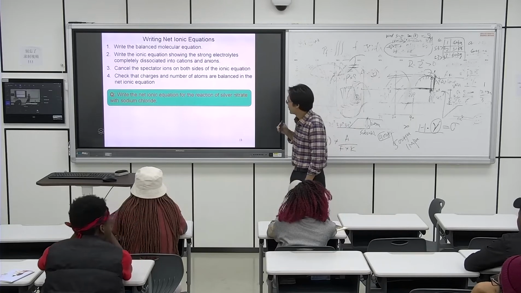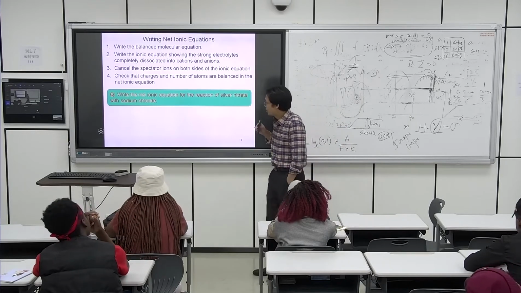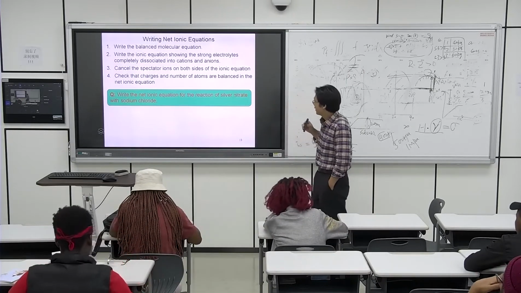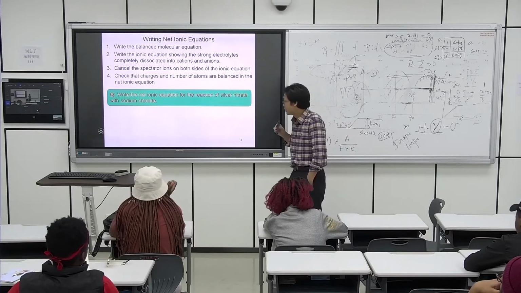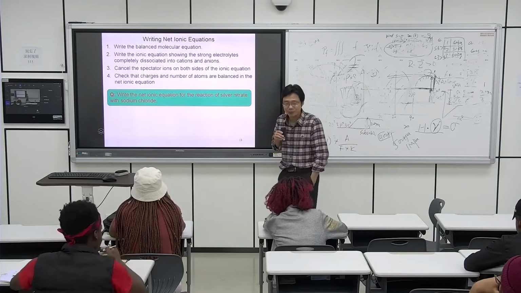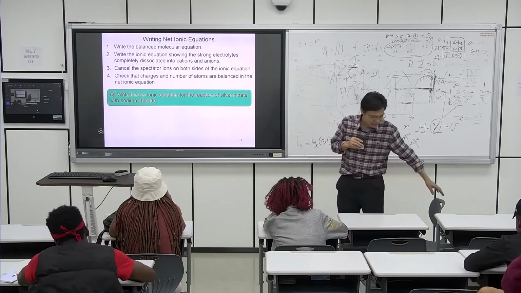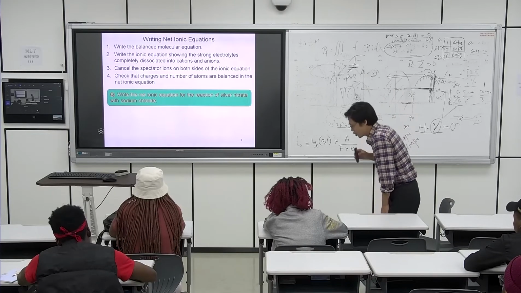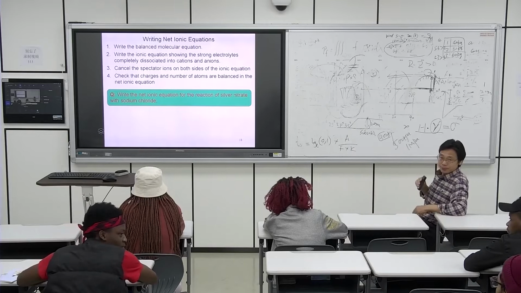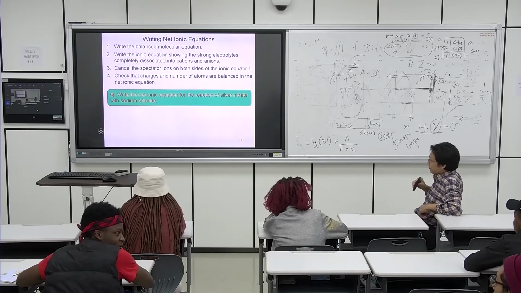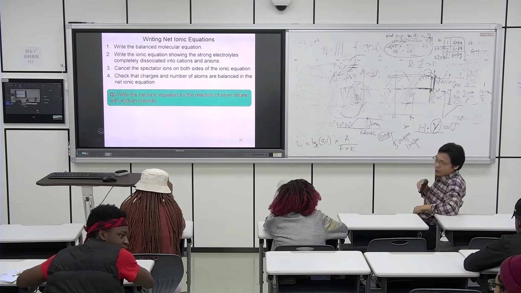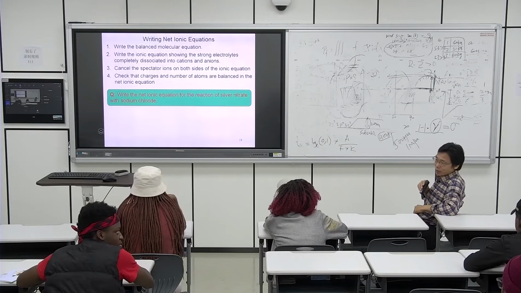Here's the question as an example: write the ionic equation for the reaction of silver nitrate with sodium chloride. Of course this is a precipitation reaction, it will give a solid product. So first step, you need to write the molecular equation.